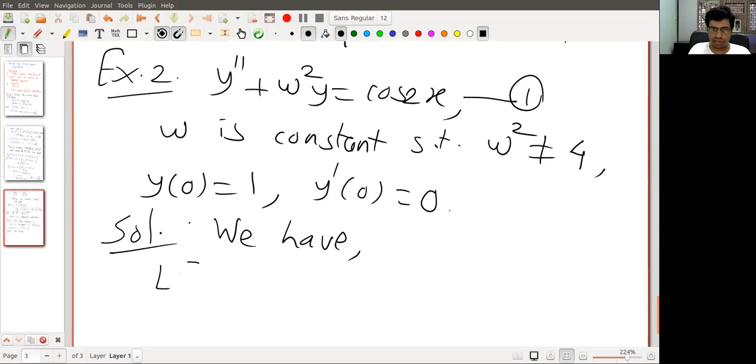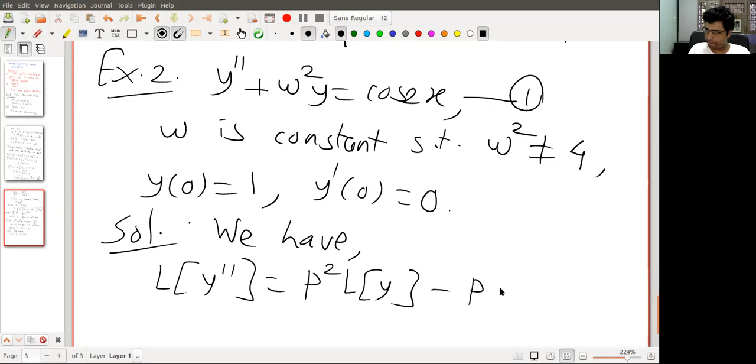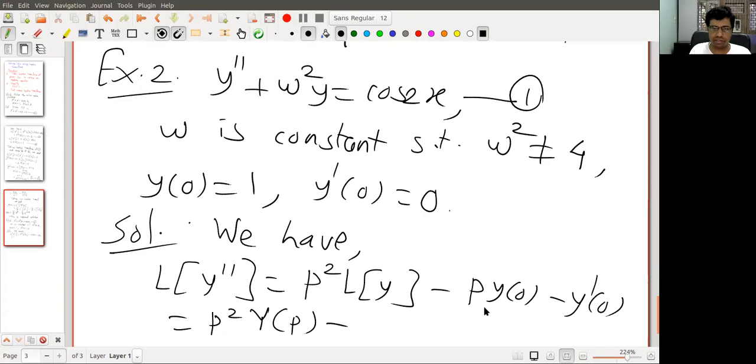Now the Laplace transform of y double dash is p square L of y minus p into y of 0 minus y dash 0. This is p square capital Y of p minus p into y of 0. Y of 0 is 1, so it is p, and y dash 0 is 0, so the next term will not be there.